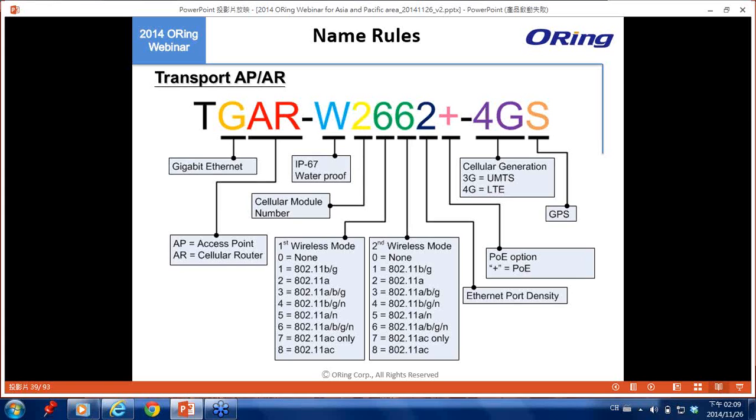The first digit is the cellular module number, the second and third digits are the Wi-Fi module type, and the last digit is the Ethernet port number. We also have a plus or non-plus to represent the PoE model or non-PoE model, and 4G and 3G, which is easy to understand: it means which type of cellular module we are using for this model.